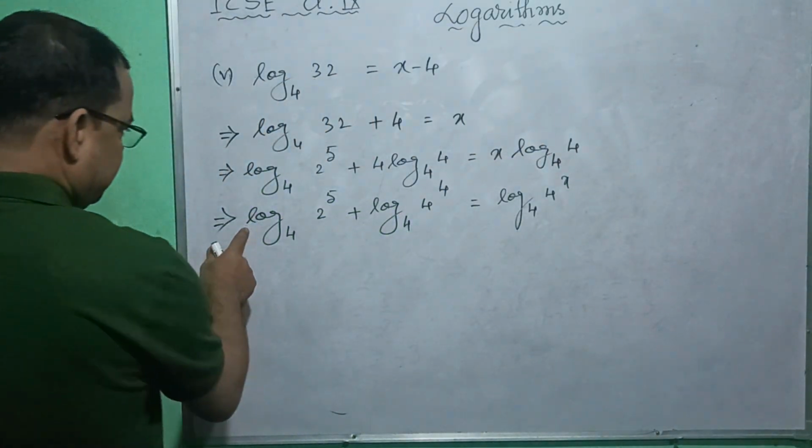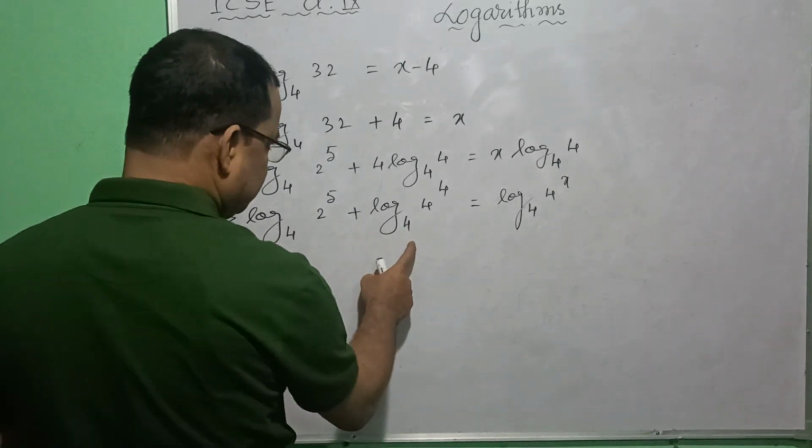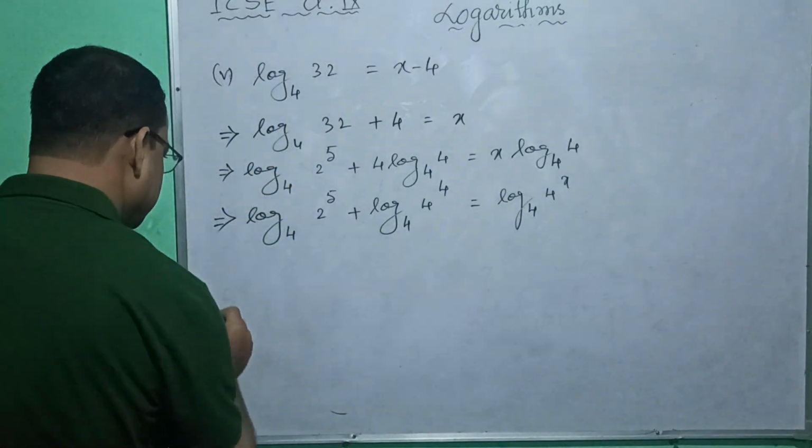Now we can see here log, here also base 4, here also base 4, here also base 4.